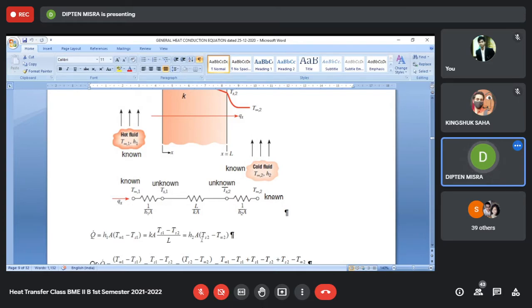And number three, the heat flow is one-dimensional. So under the special condition of one-dimensional steady state heat conduction without any heat generation, we can say all these three will be equal: the heat coming in from the left-hand side fluid onto the wall is equal to the heat flowing across the thickness of the wall, and that is equal to the heat coming out of the right side surface of the wall into the right side fluid.